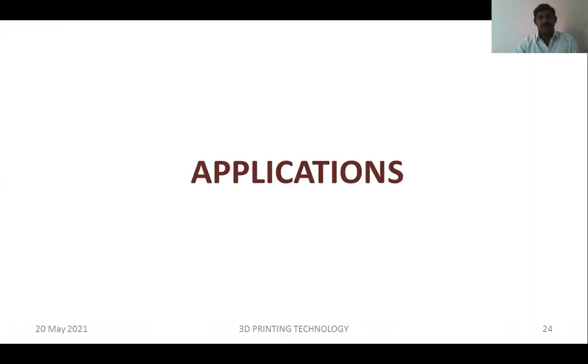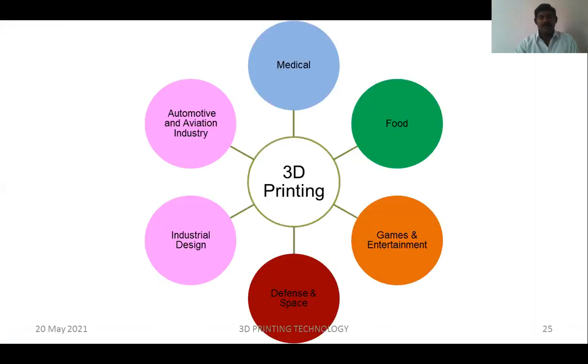So now we can see about applications of 3D printing in the medical field. We are using 3D printing technology largely. In the food industry, we can easily make a pizza without human effort. That is possible only through this 3D printing technology. Games and entertainment are also possible.